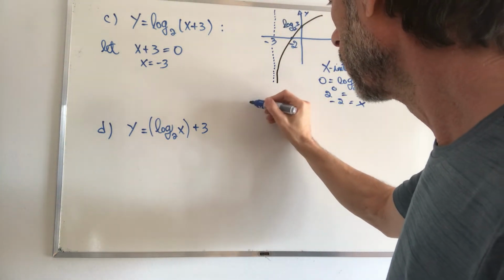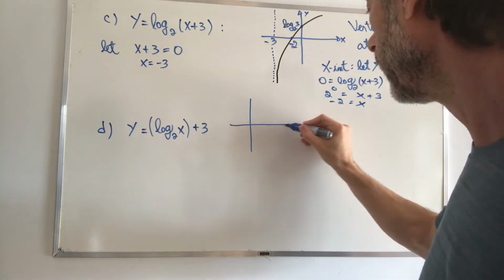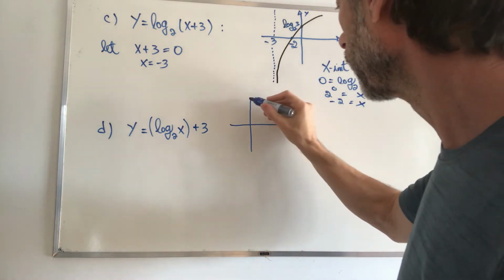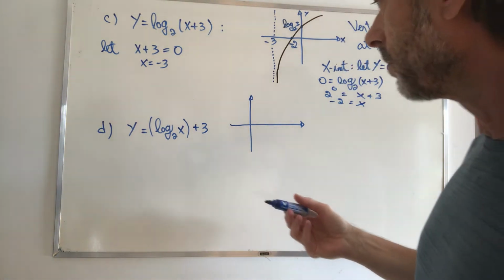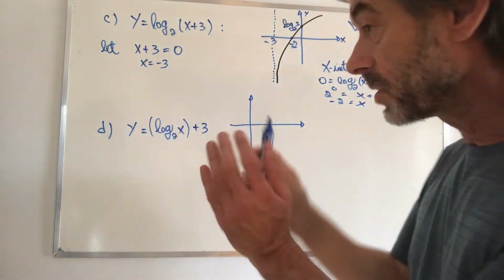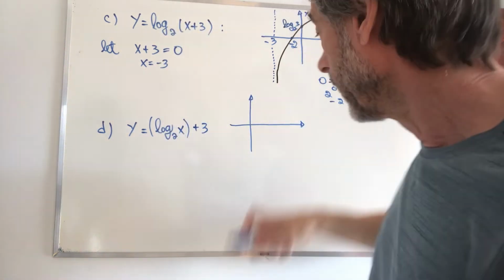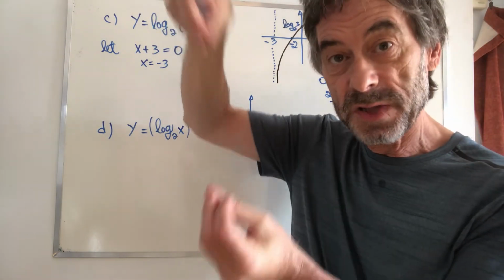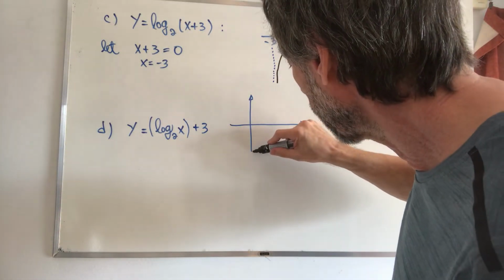Well, log base 2, pretty standard. So what's going to happen here is simply that we're going to get the same shape, but it's going to be kind of pulled up, if you want. The ascent will actually be steeper, something more like this.